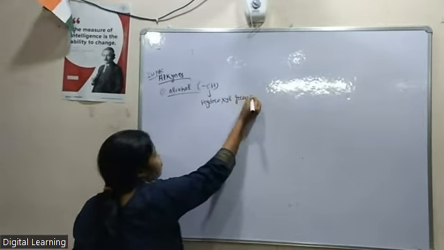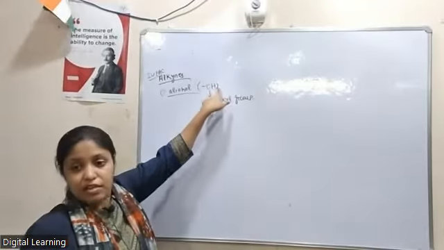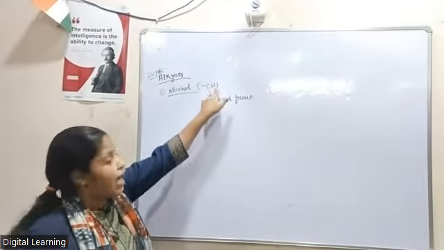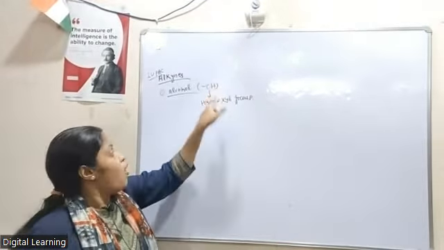Hydro for hydrogen, oxyl for oxygen, that's why it is called the hydroxyl group. So we will study the nomenclature of alcohol.